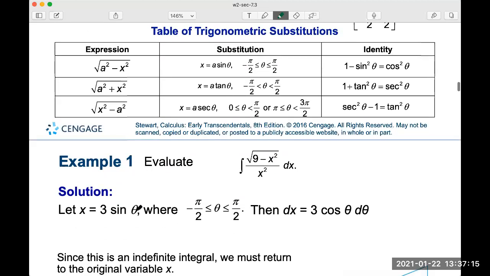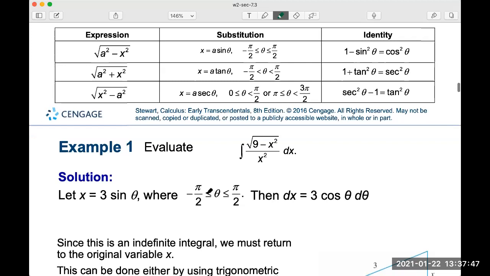And we have been doing the first example here. This is the integral of square root of 9 minus x squared divided by x squared dx. From this strategy, the table here, we know that we should define x as 3 sine theta, right? This is an indefinite integral, so we don't have to change the limit here. That is nice. We have already gone through this example, and the relation between dx and d theta is given in this equation.